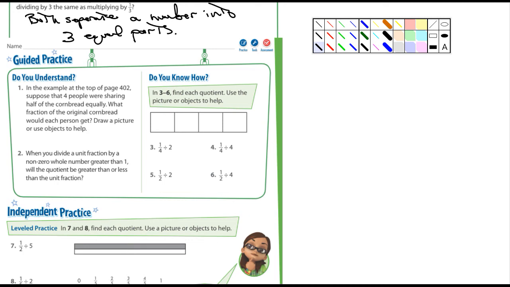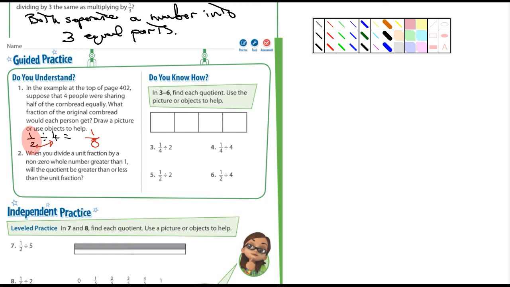We're talking about 1/2, half the cornbread, being divided by 4. What do you know now? 2 times 4. What's that? 8. But it's 1/8, because remember, we're taking a fraction, a smaller number, and we're making it even smaller because it's being cut up 4 ways.